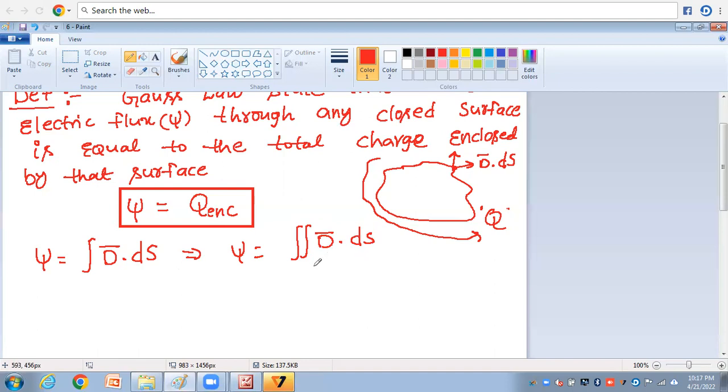Coming to charge, that was about flux. Now the charge, denoted with Q, is equal to the integral of rho v dv, the total volume charge.